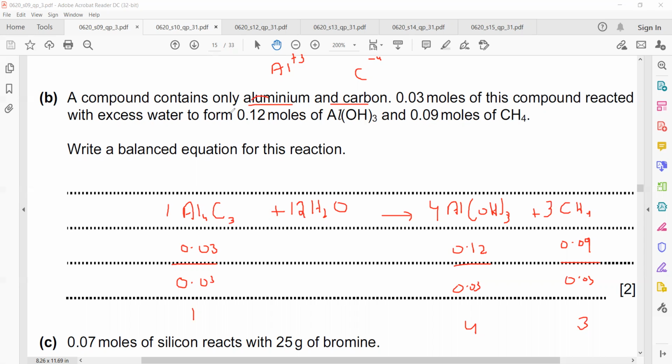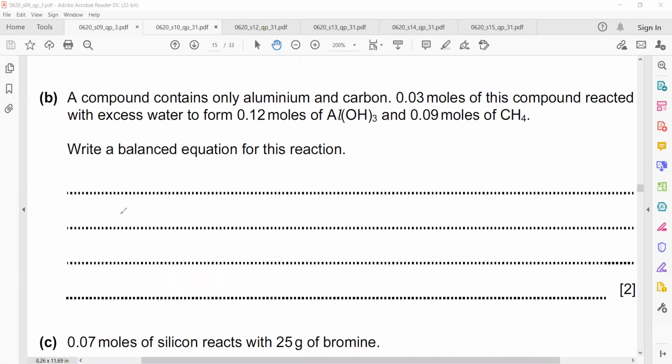So they give the hint here, because the mole ratio, look what happened when we have this question. They mention aluminium and a compound which contains aluminium and carbon. So the formula according to valencies, aluminium is plus 3, carbon is group 4. Cross multiply, the formula will be Al4C3.